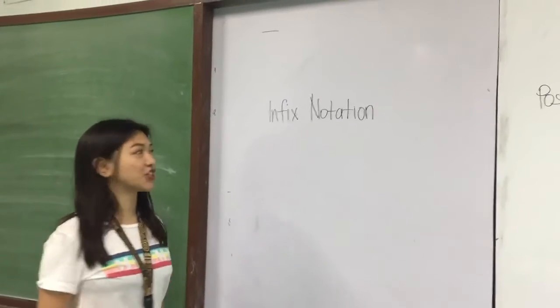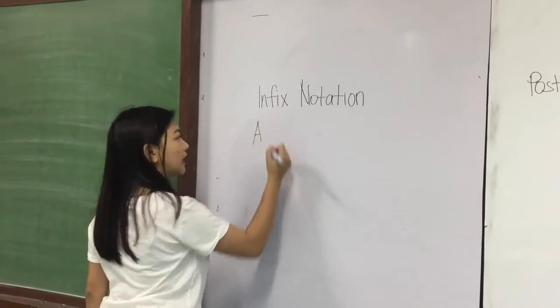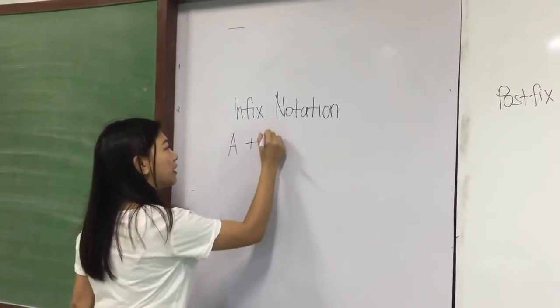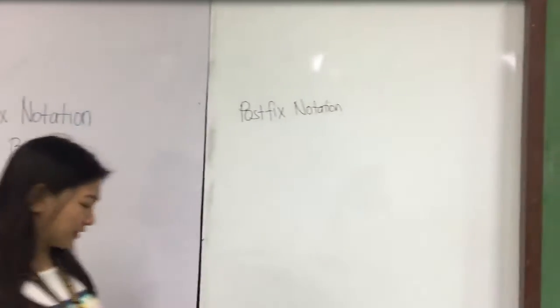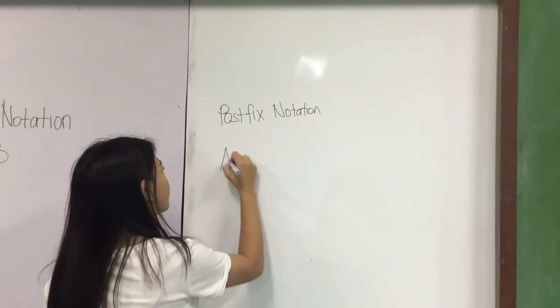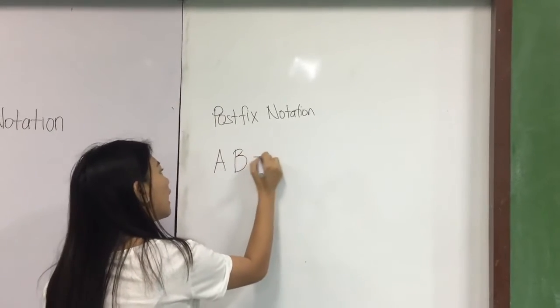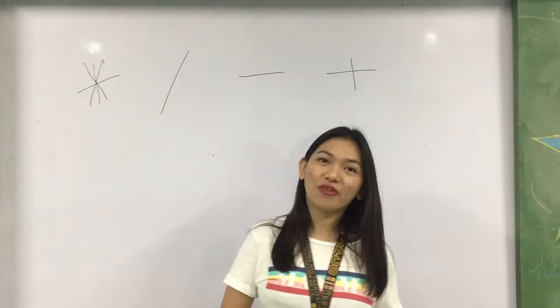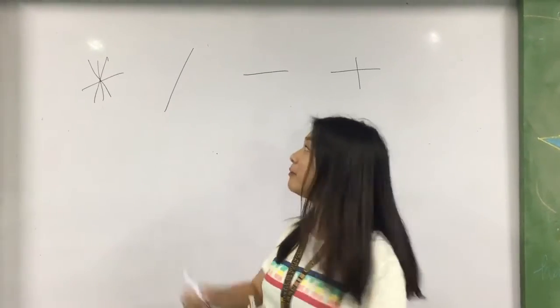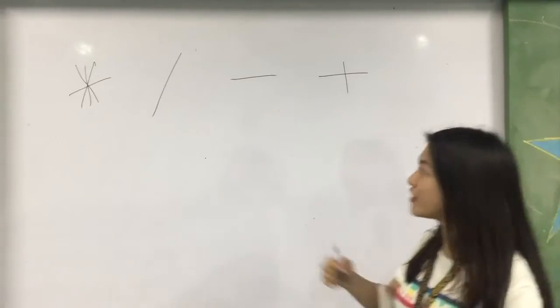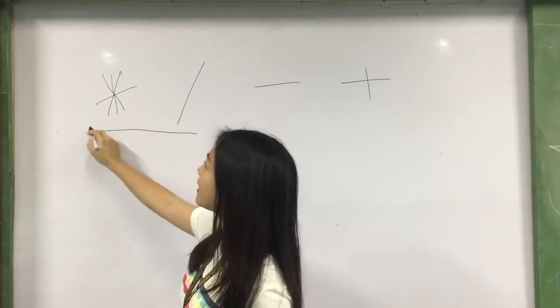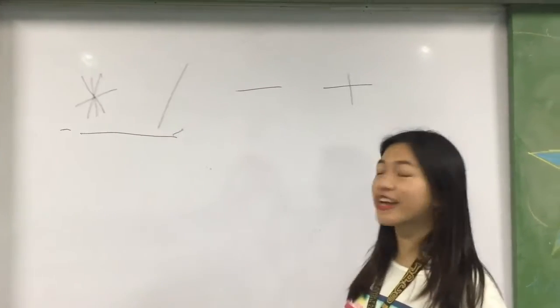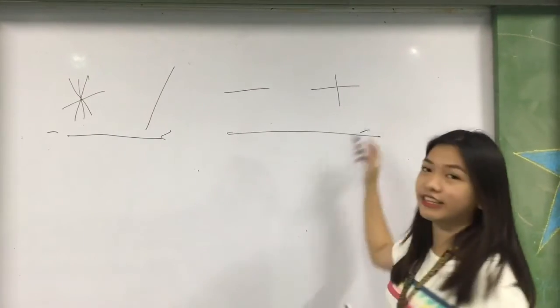In infix notation, there is an operand, operator, and operand, while in postfix notation, there is operand, operand, and operator. What is the higher operator between these four? First, the higher is multiplication and division. The second one is subtraction and addition.